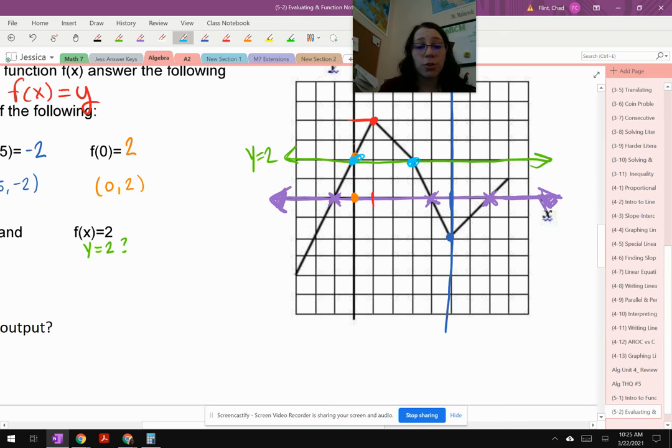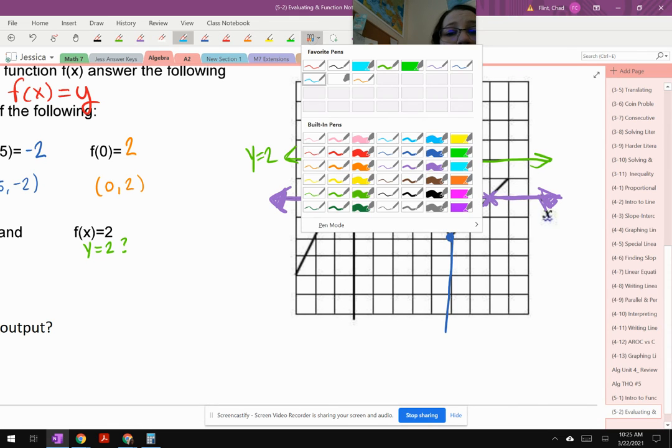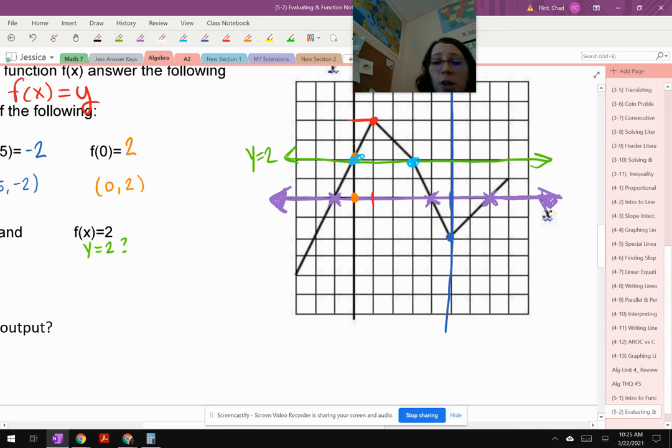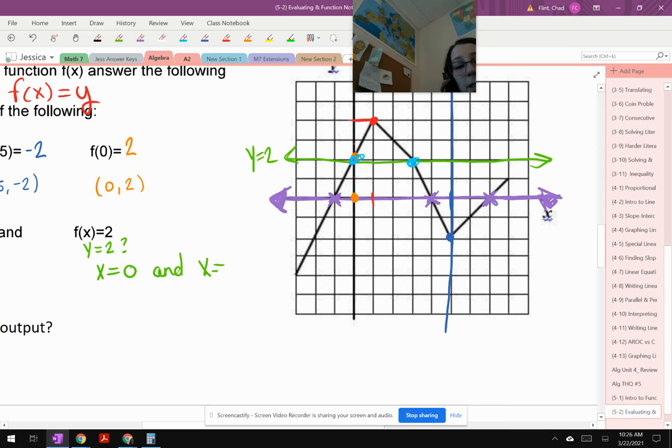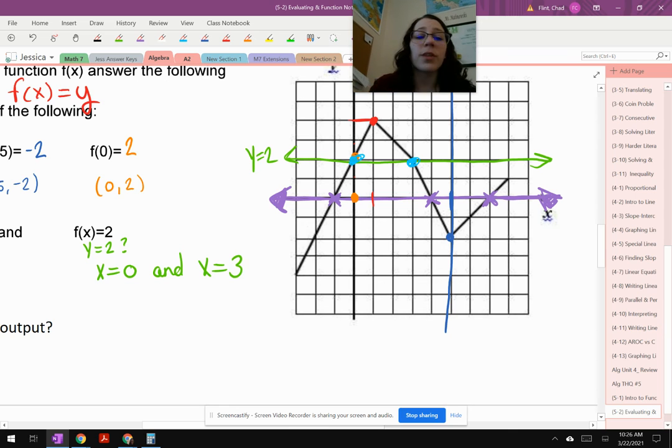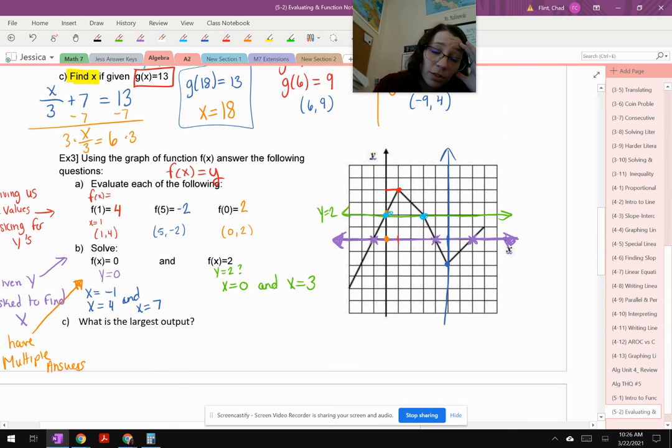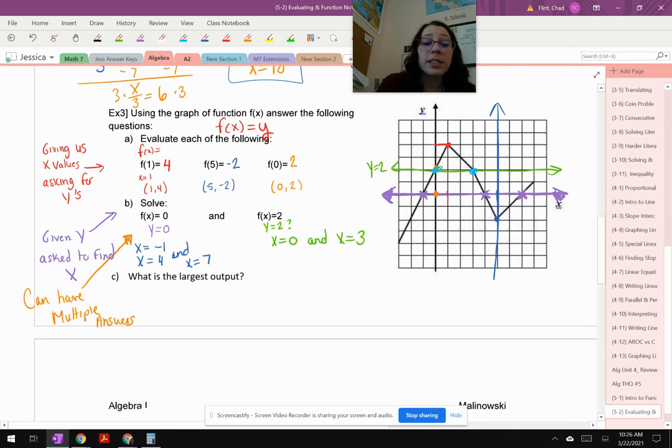So this one only has 2 solutions. That has an x value of 0 and x equals 1, 2, 3. The most important thing when you're doing this is to just be paying attention to if they're asking you for an x or for a y and what they're giving you.